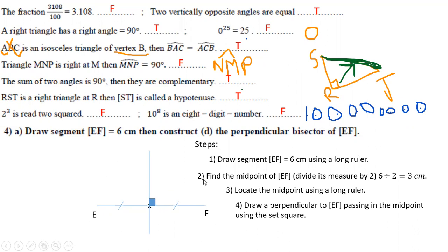Whenever I look at this figure without having the question or the steps, directly I will understand that we have a segment EF, this is the midpoint, and this is the perpendicular bisector. So the marks helped me to understand the figure without having any question.